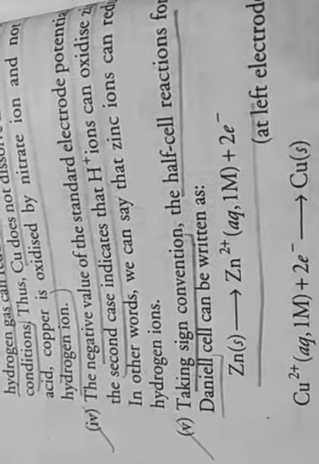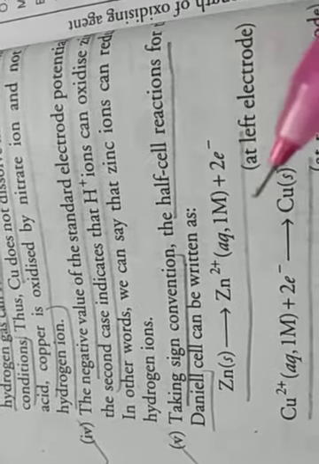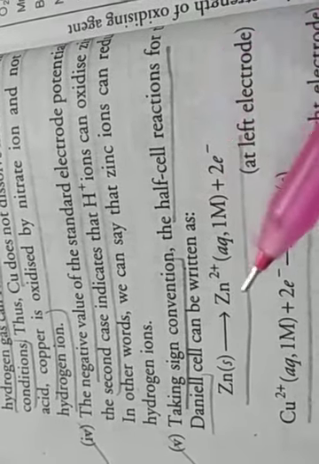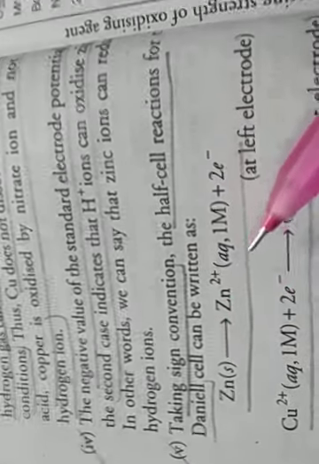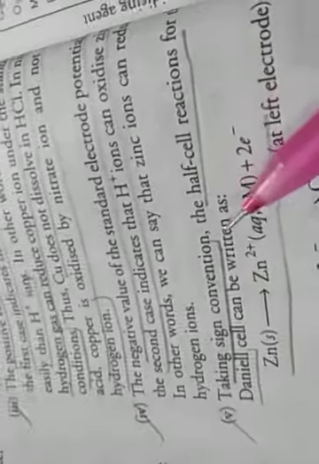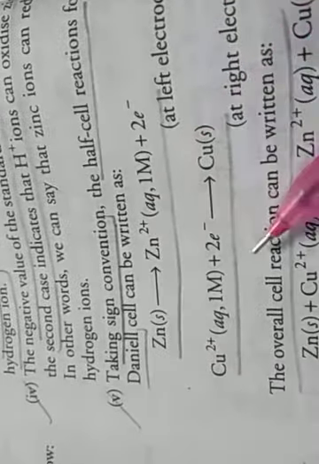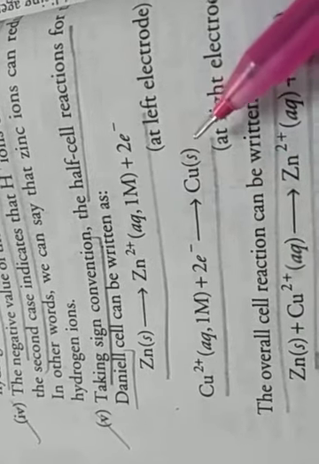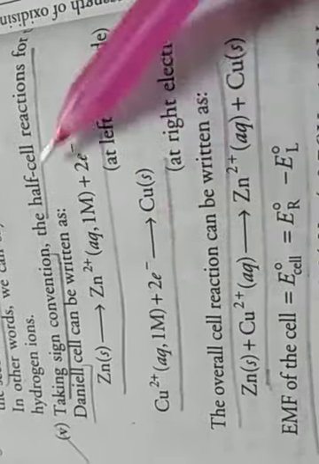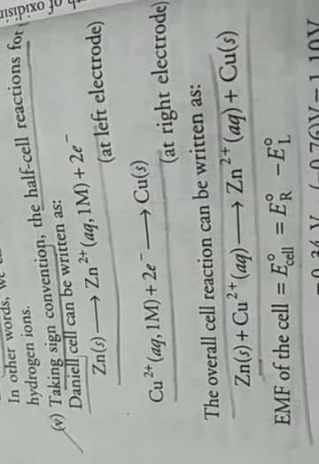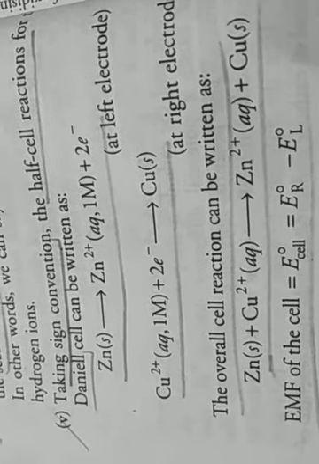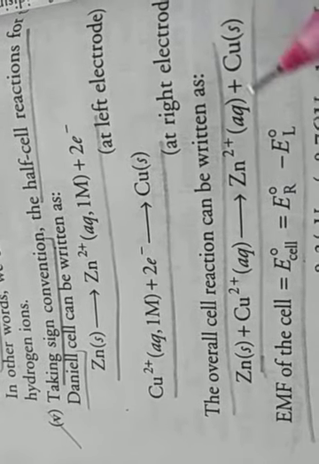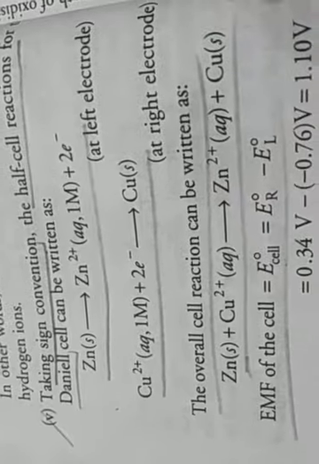Lastly, taking the sign convention, the half cell reactions for the Daniell cell are: zinc converts into Zn 2+ by loss of 2 electrons at the left hand side electrode, and on the right hand side copper 2+ gains 2 electrons and converts into solid copper. So the overall cell reaction can be written: zinc converts into zinc 2+, and copper 2+ converts into copper.